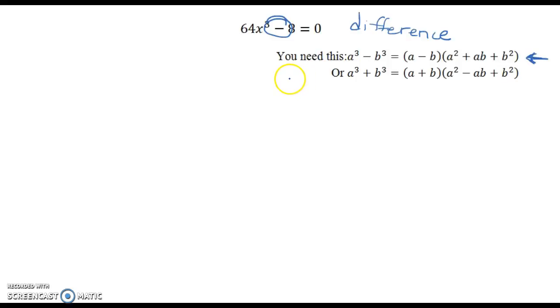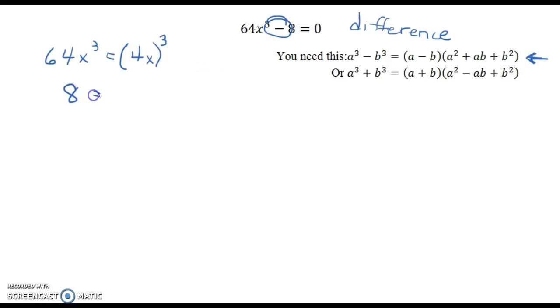You have to figure out what a stands for and what b stands for. So I'm going to take 64x to the third, and I'm going to rewrite it as though the whole thing is a cube. Well, 64 is 4 times 4 times 4, so that's a perfect cube. So I'm going to rewrite this as 4x, that whole expression, to the third power.